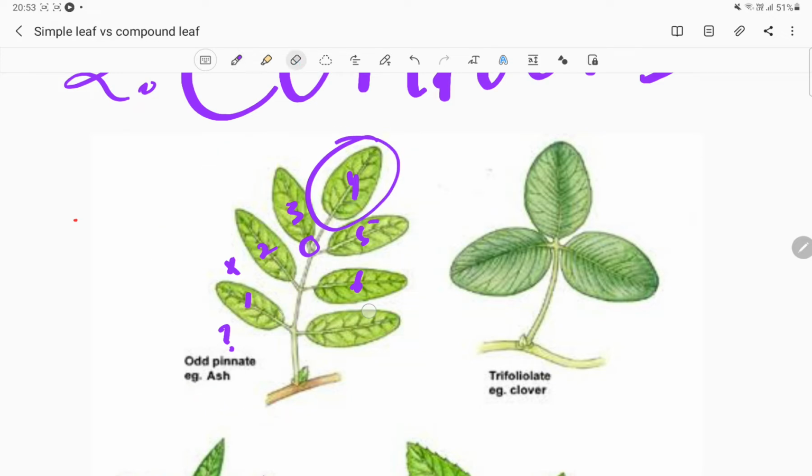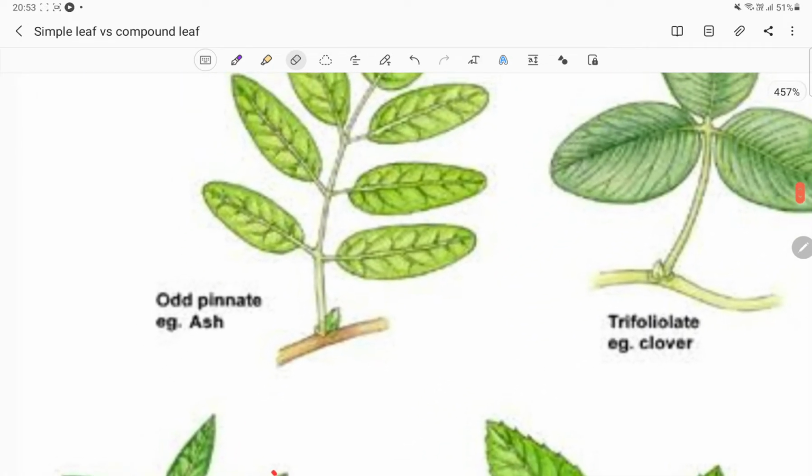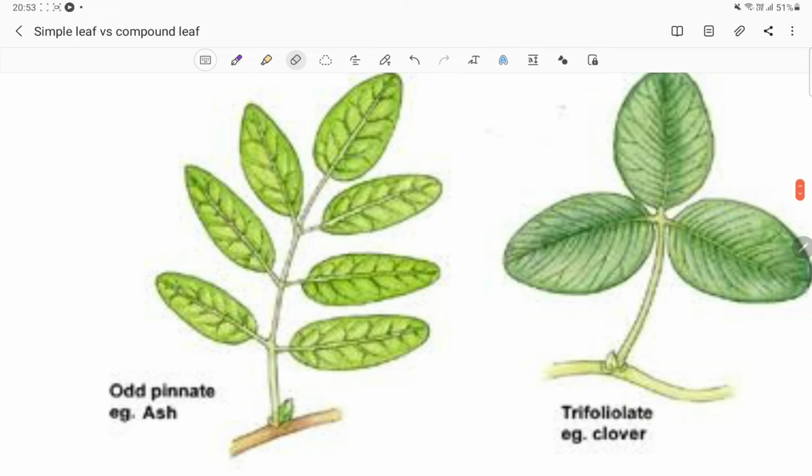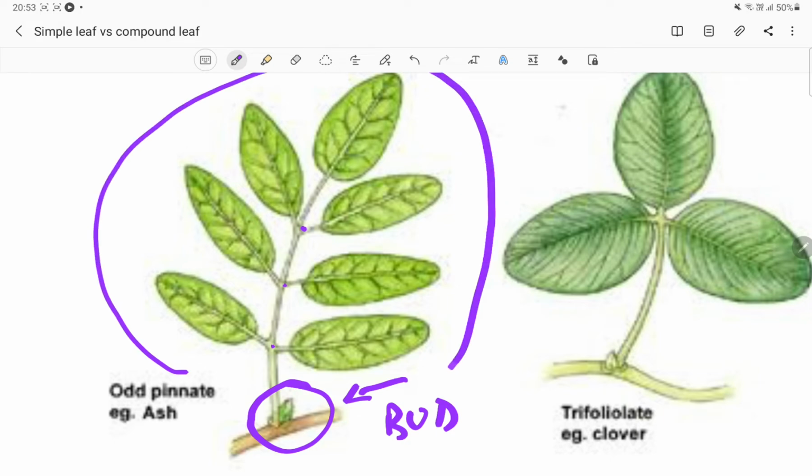Let us first of all discover a leaf. Now I'm going to remagnify the image and look at the base here. Can you see the bud here? Absolutely. I hope you can see the bud. So now that's a bud. What does this mean? This means that if the bud is present here and the bud is not present anywhere else, then this whole structure is a big single leaf.